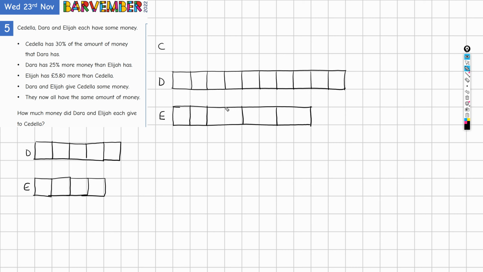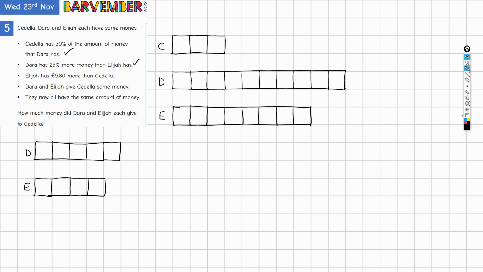Right, and I'm just going to split this up so that all of the parts are of an equal size. And then if we go back to Cedella, I know that that's going to be easy to draw. I'm going to give her 3 parts compared to Dara's 10. Okay, so that's that taken care of.